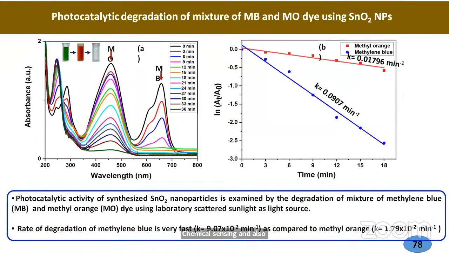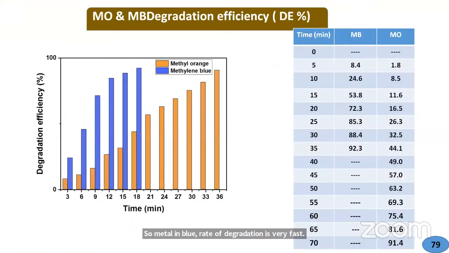So let's see what application of this particular material can be there. We could see photocatalytic degradation of methylene blue and methyl orange in the laboratory, with scattered sunlight as the light source. The rate of degradation of methylene blue is very fast compared to methyl orange.